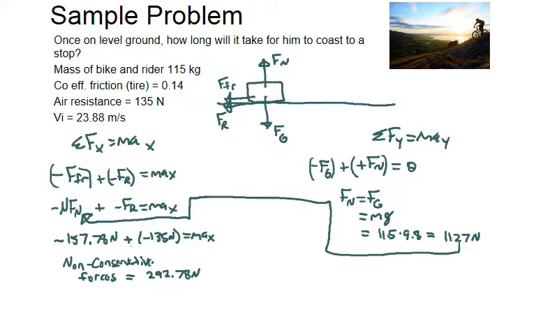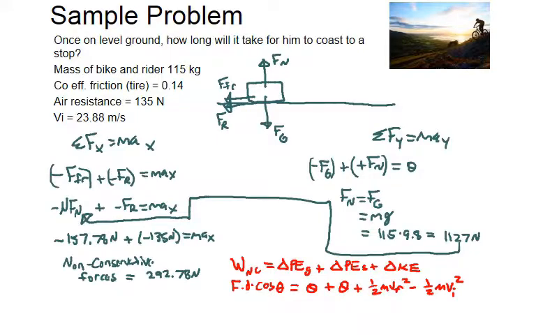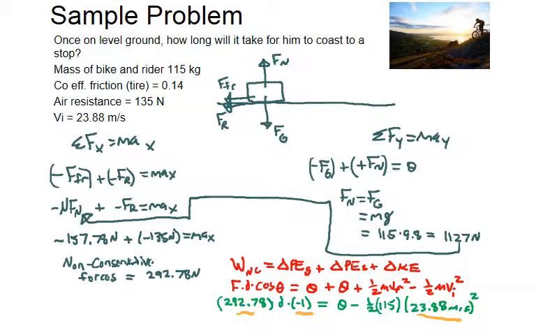So the total amount of non-conservative force here is 292.78 newtons, which we can now take for non-conservative work. There's nothing going on with gravitational energy anymore, neither with the spring. And so we're looking for D, how far, and we have our frictional force, cosine of 180 is -1 here. We have our initial speed, and we have our mass. And so it's going to take 111.99 meters for this bike rider to come to a stop.